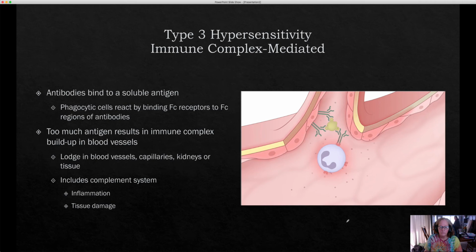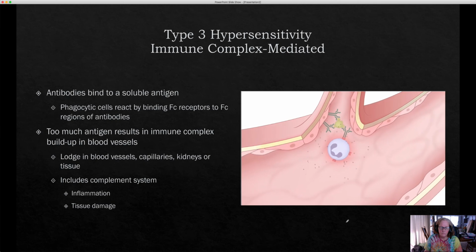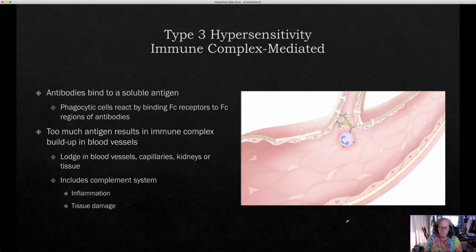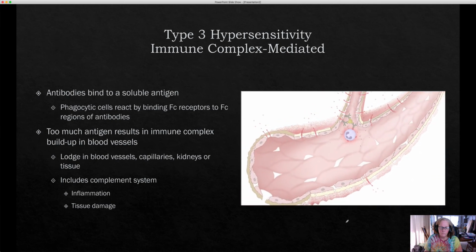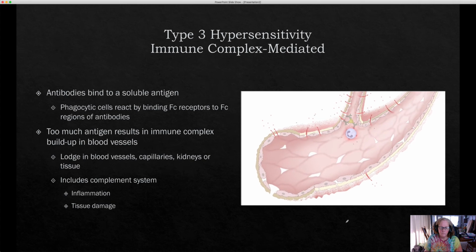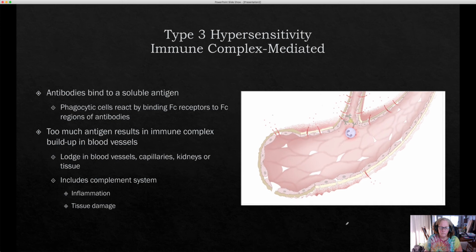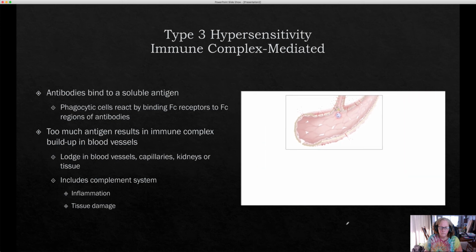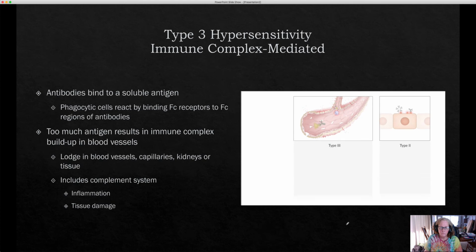Damage to endothelial cells as well as to the basement membrane of the blood vessel wall increases its permeability, resulting in leakage into the surrounding tissue. This provokes further inflammation and subsequent tissue damage. Two distinct features help to discriminate a type 3 hypersensitivity reaction from a type 2 hypersensitivity reaction.